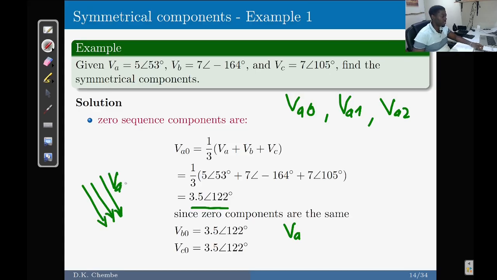So VA0 is equal to VB0, which is equal to VC0. So the value that you find for VA0 for the zero component is equivalent to all the values. So there's no need for you to recalculate the other component values in this situation.